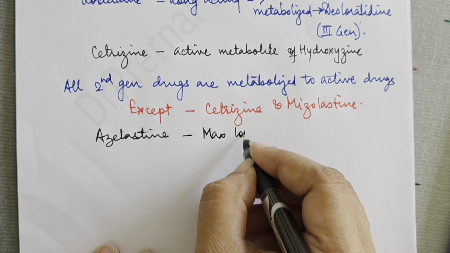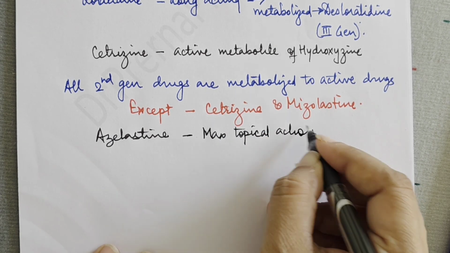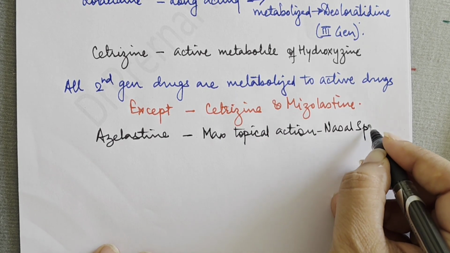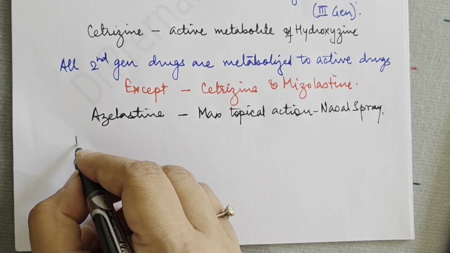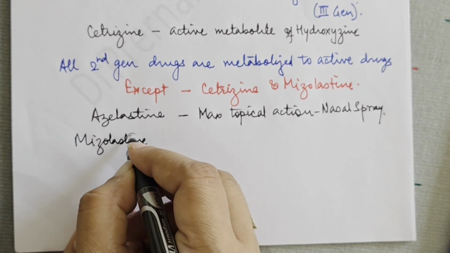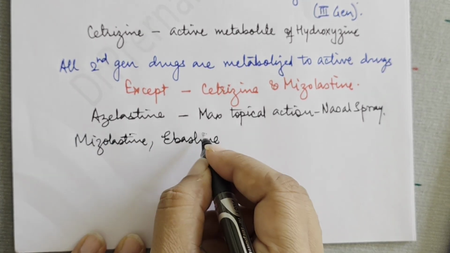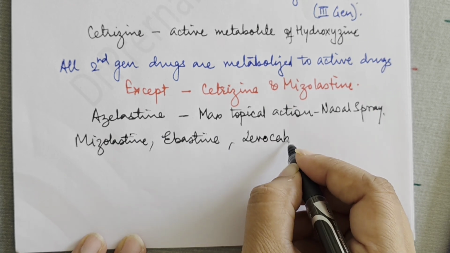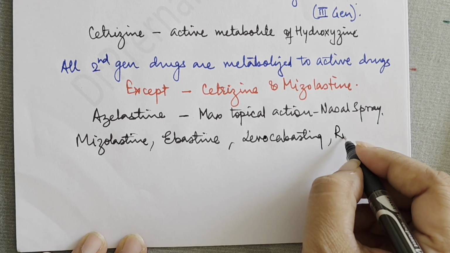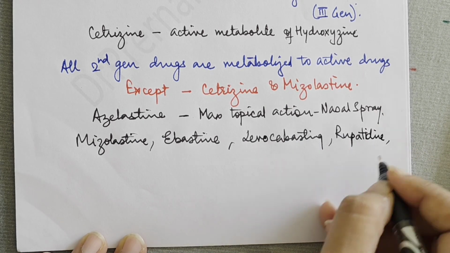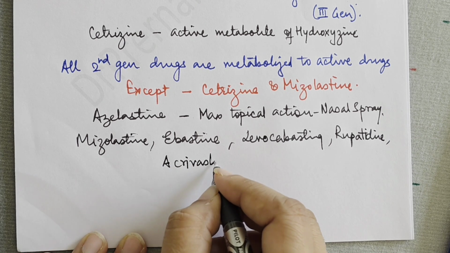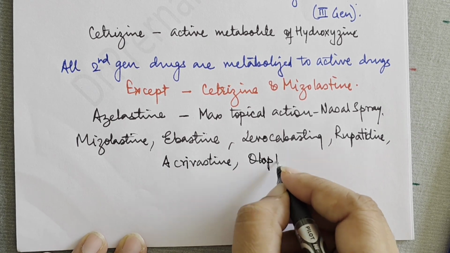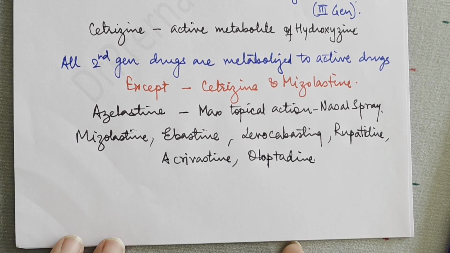It has a maximum topical activity, and so it is used as a nasal spray. Okay, then there are drugs mizolastine, ebastine and levocabastine. Then rupatadine, acrivastine and olopatadine. These are all new drugs, newer antihistaminics.